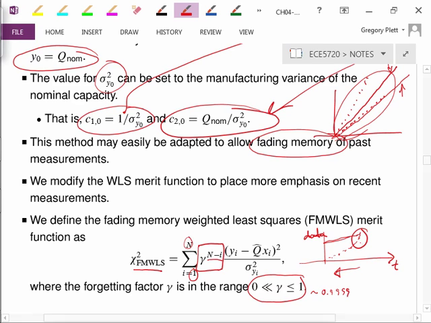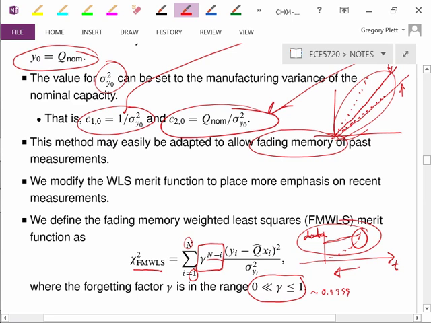So if gamma is 0.9999, then the previous data point is weighted like that. The one before it with 0.9999 squared, the one before it with 0.9999 cubed, etc. You can see that we get this kind of a shape and how much we weight each squared error, normalized squared error in our cost function.